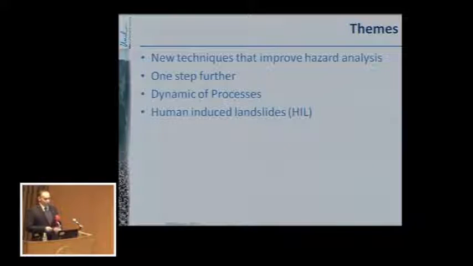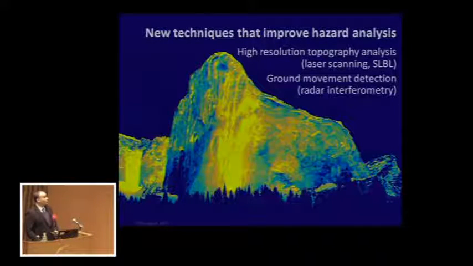Landslides are often triggered or created by human activity. It's a huge problem, and I think that with this we can have an overview of what we have to do in the future about landslide research.